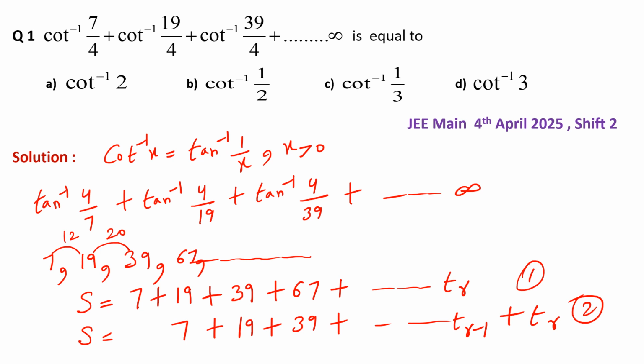Now students, we move further. When I subtract the second equation from the first equation, I get 0 equal to 7 plus, I am putting a bracket here. Inside the bracket, I get 12 plus 20 plus 28.